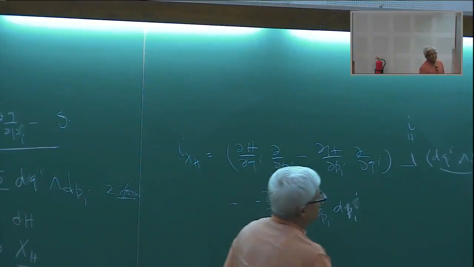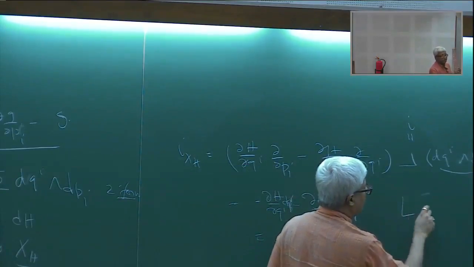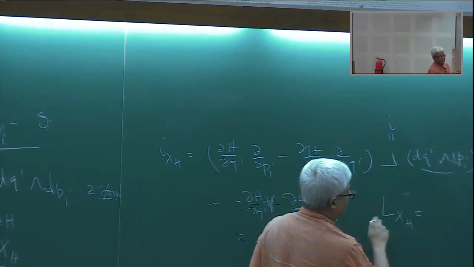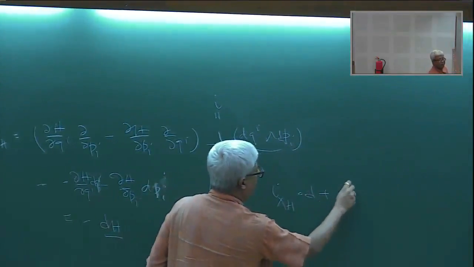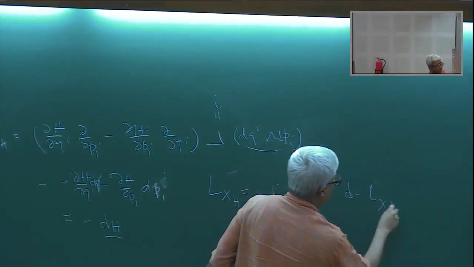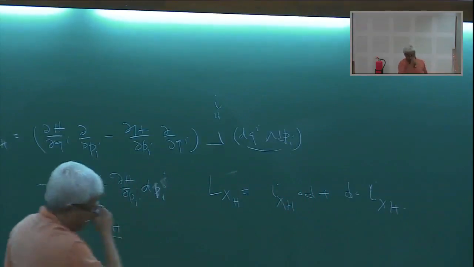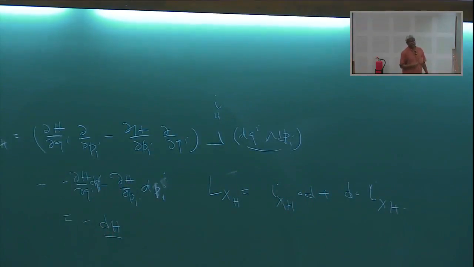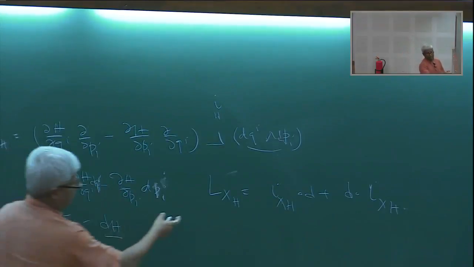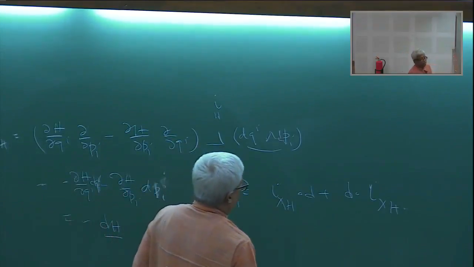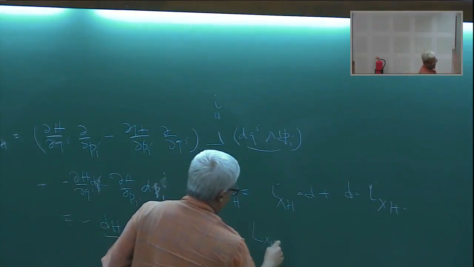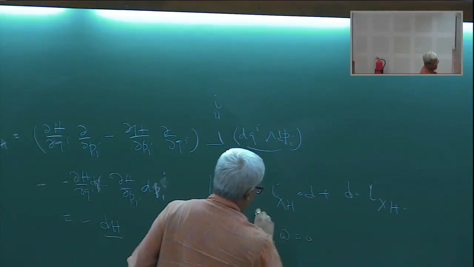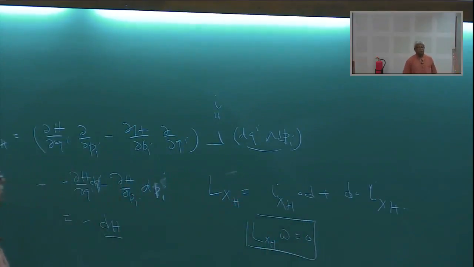Another thing that I want to say is that i_{X_H}, this is an operator. This is a very fine operator which is called a Lie derivative with respect to the vector field. For all practical purposes you will say this is zero for conservative systems.